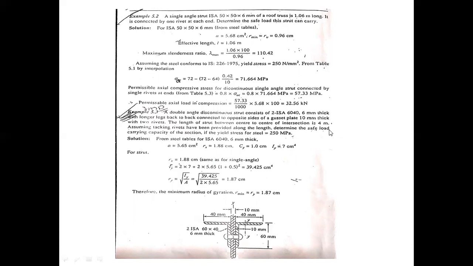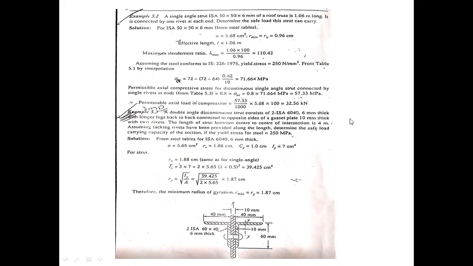So next we'll see the next problem, that is 5.3. A double angle discontinuous strut consists of two ISA 60 40 6 mm thick, with longer legs back to back connected to opposite sides of a gusset plate 10 mm thick with two rivets.